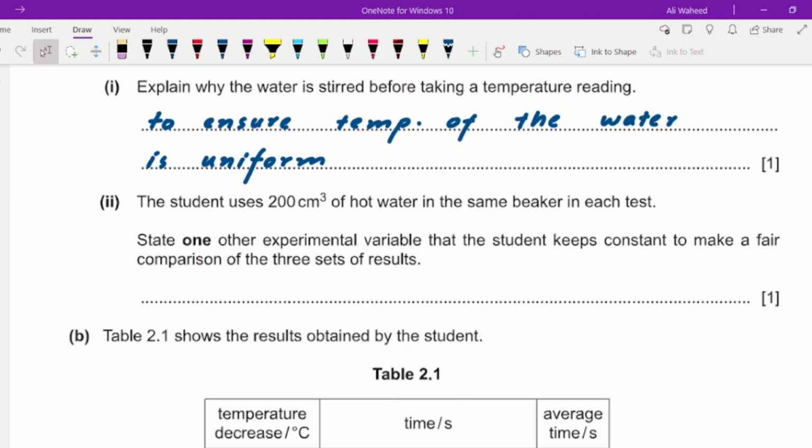For a fair comparison, if you have kept the volume the same, you need to ensure that the initial temperature of this water should also be the same. So same initial temperature. Only then we can have a fair comparison.